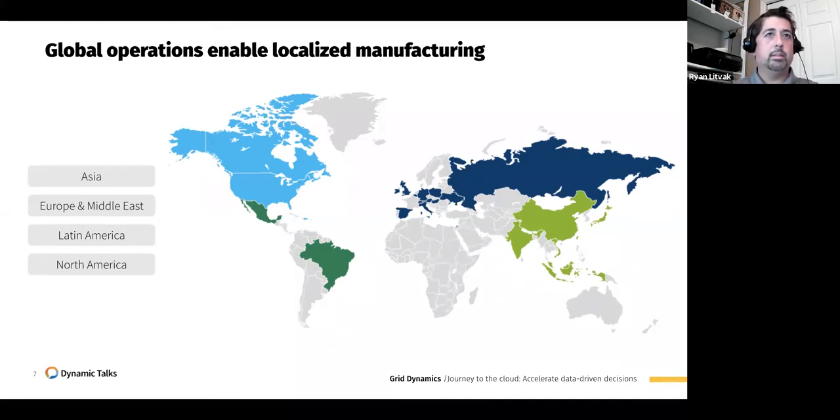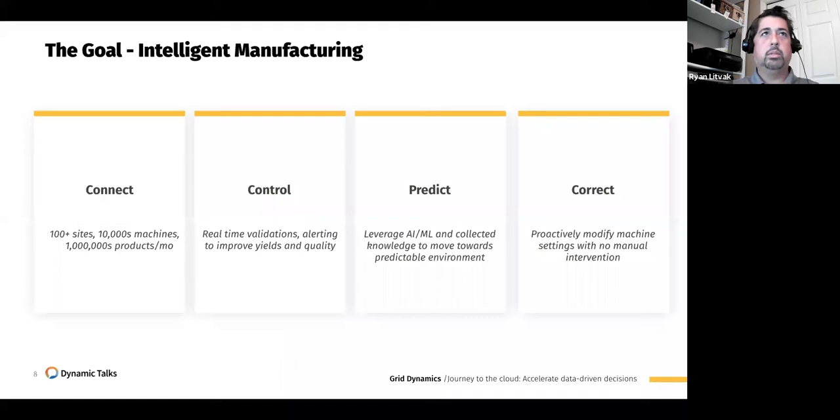So next slide, please. This is our long-term goal. This is where we're trying to head: the idea of intelligent manufacturing. What we're doing today across more than 100 sites is leveraging all of the machines that we have that are building the products that we're manufacturing, and trying to connect all of those machines, get the data from them, and pull it somewhere where we can evaluate the parametric data coming from those machines as we're building millions of products every month.